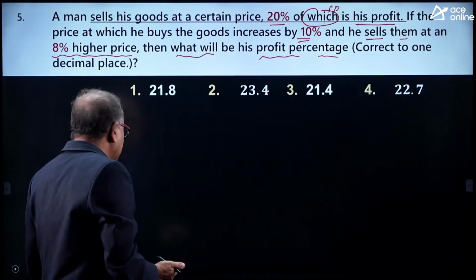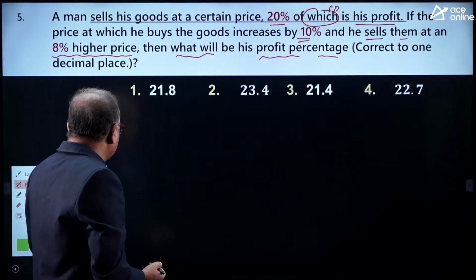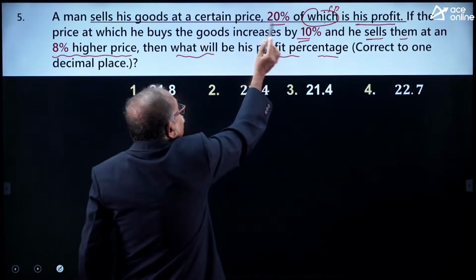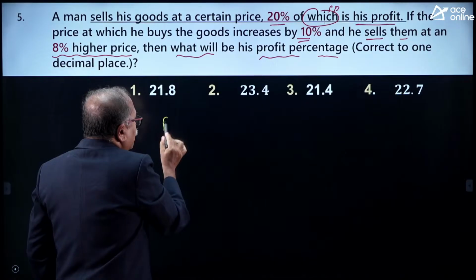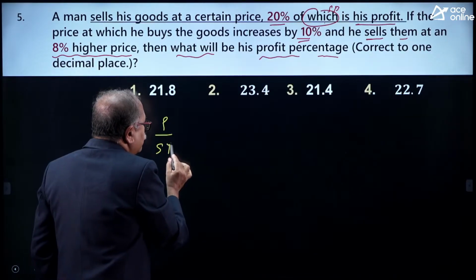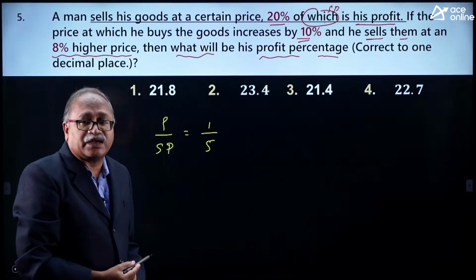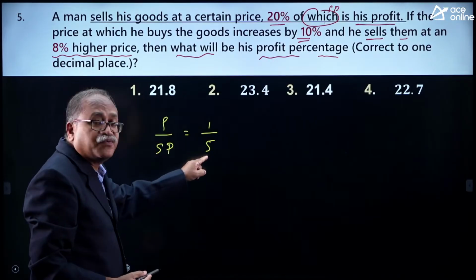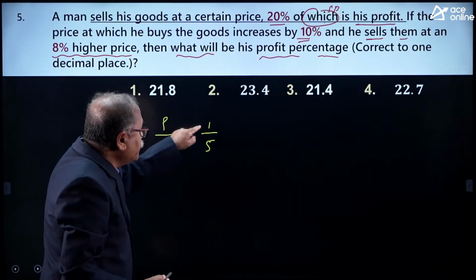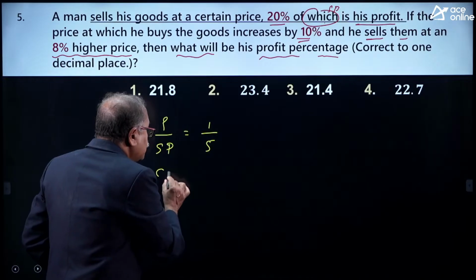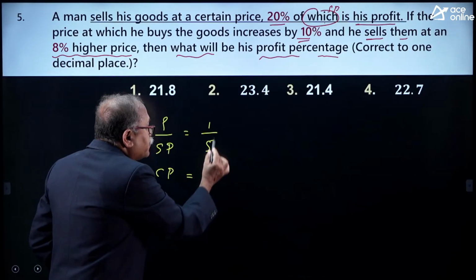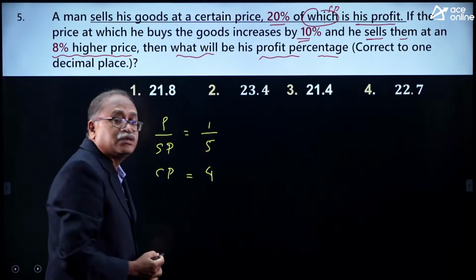What she must have done over here is we know that it is 20% profit on the selling price. That means profit by selling price is given to us as 20%, which is nothing but 1 by 5 in terms of fraction. So, selling price is 5 parts, of which the profit is 1 part. Then cost price will be how many parts? That is 5 minus 1, 4 parts.